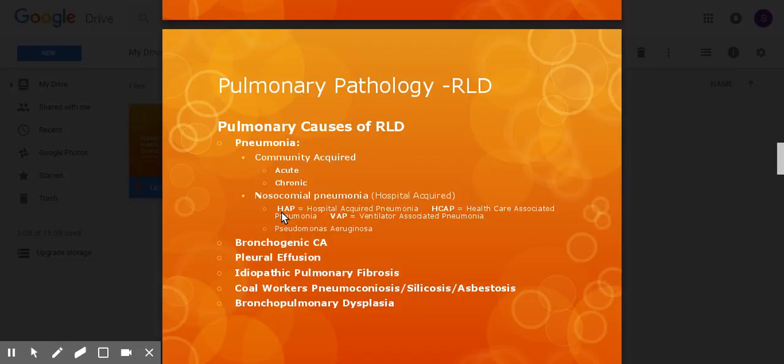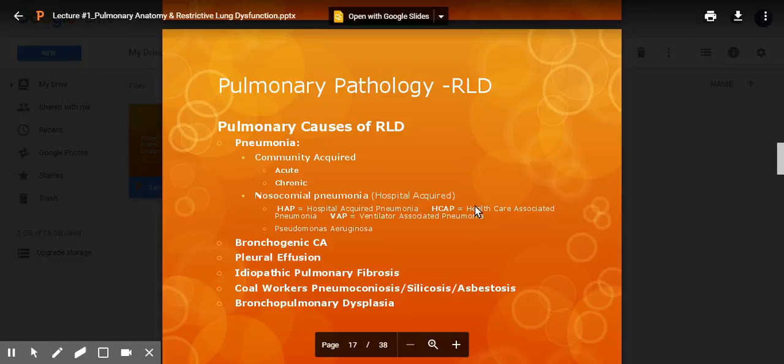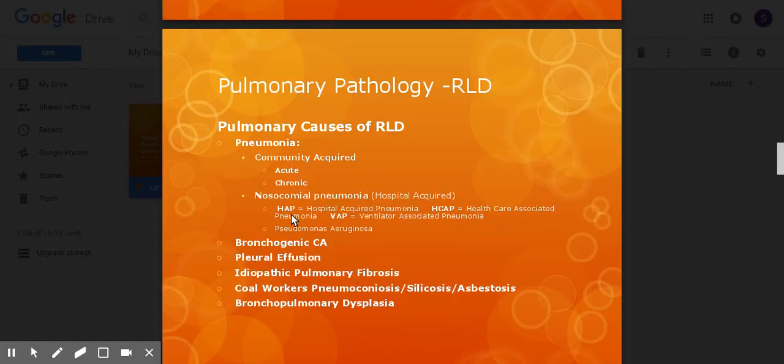That is further broken down into what's referred to by its acronym: a HAP, an HCAP, or a VAP. And those have different meanings in terms of, was it hospital-acquired pneumonia, which would be a HAP, an HCAP, which would be a healthcare-associated pneumonia, or VAP, a ventilator-associated pneumonia.